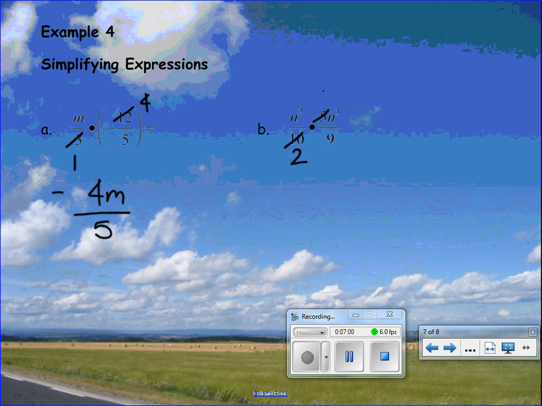So that would just remain 1 n to the third, or just n to the third. And when I'm multiplying with exponents, I'm actually adding them. So it's actually going to be n with the exponents of 2 plus 3 over 18. And that simplified would be n to the 5th power over 18.